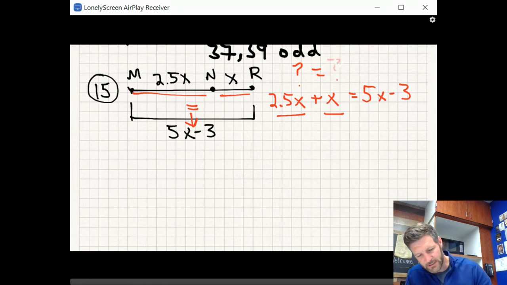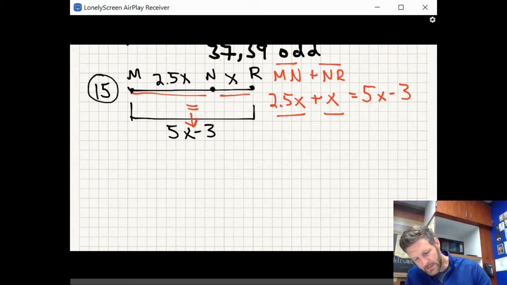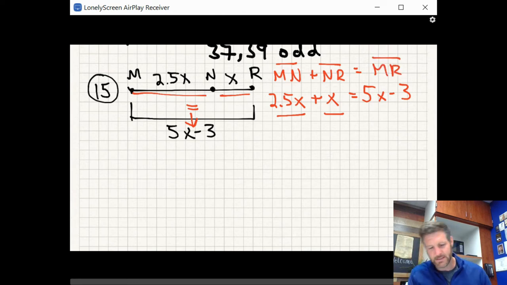If I wrote this in just to show, again, start off slow, the class is just getting rolling, I'm basically saying that mn plus nr is equal to mr. That's the segment addition postulate in action. It's kind of common sense, but I'm moving slowly to guide you through that.